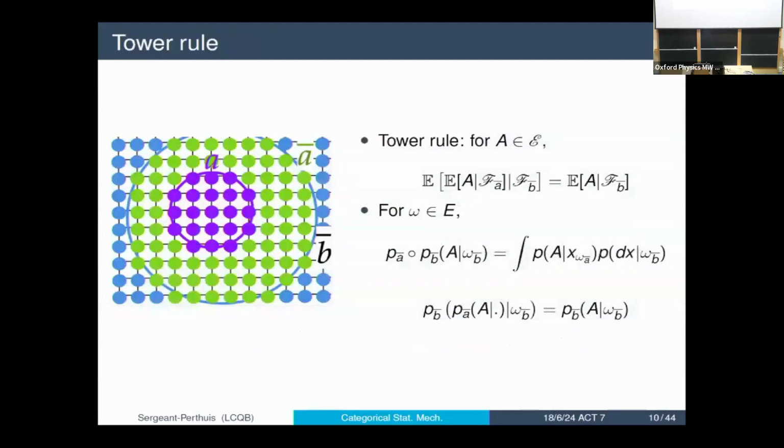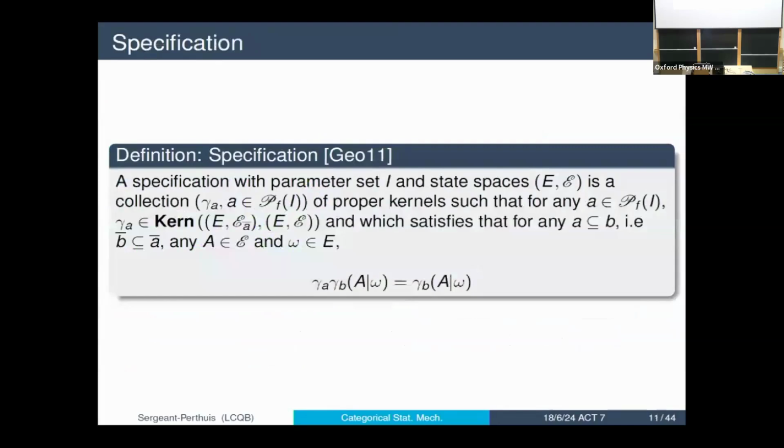You have another condition, which is the chain rule, which is basically if I condition twice, I fall in the one with fewer variables. So if I condition on A bar and then on B bar, it's directly the same thing as conditioning on B bar. So these are the two ingredients that are necessary to define an abstraction of what a statistical system is, which is a collection of conditional expectations or conditional probabilities.